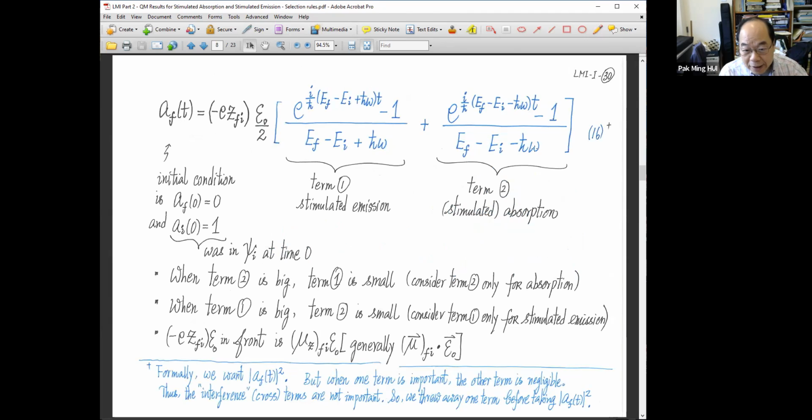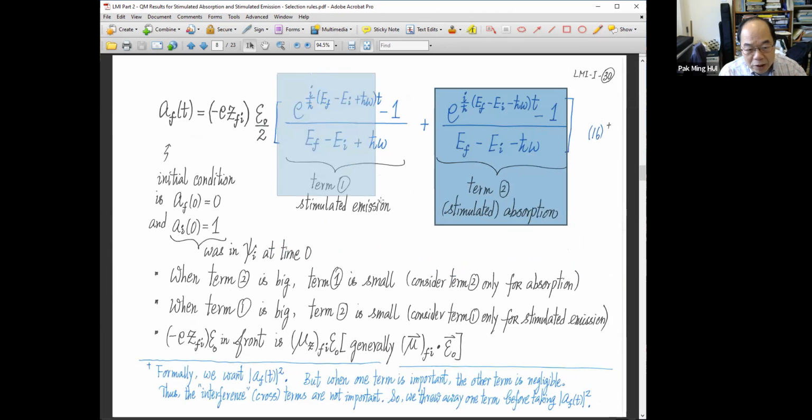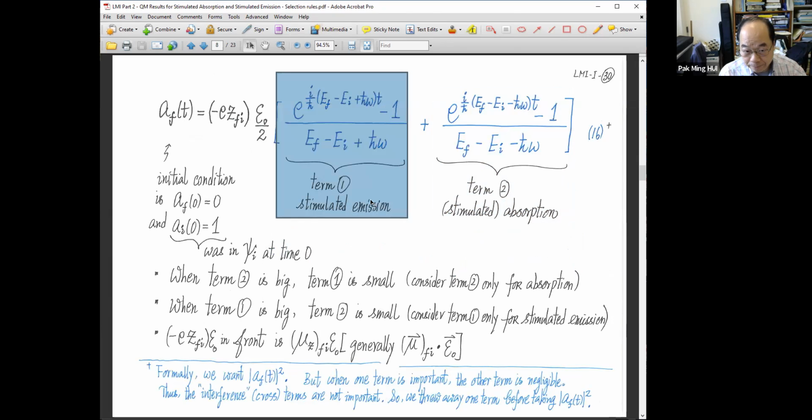As we already discussed, this term will be responsible for absorption. The other term will be responsible for emission, okay? And here comes another argument that we need in order to move on.